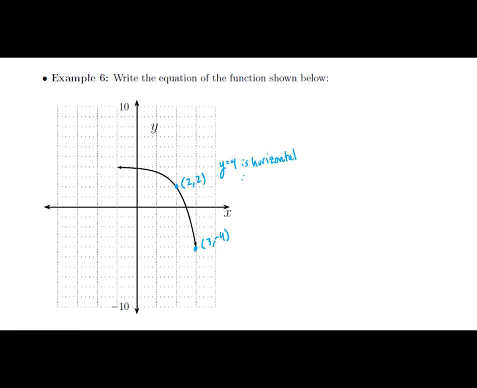And if you think back to our previous problems, we noted that our horizontal asymptote came from having a vertical shift. So if I have a horizontal asymptote of 4, then that must mean that the equation I'm looking for isn't just y equals a times b to the x like the last 2 questions gave us. It's a times b to the x plus 4.